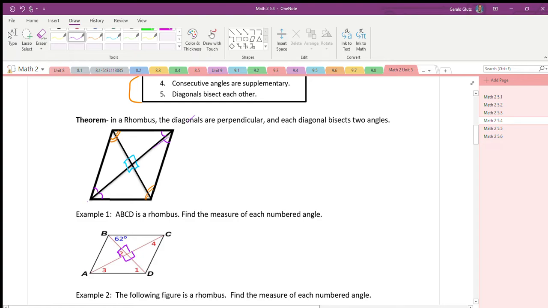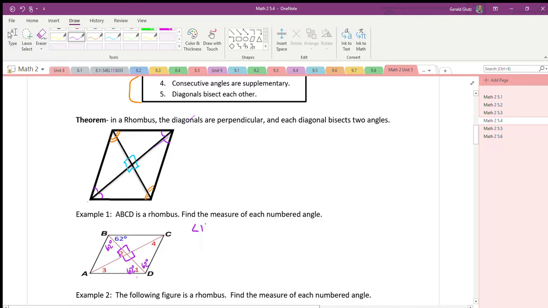We also know that this diagonal bisects this angle. So angle B is getting bisected by this diagonal. That means if this is 62, this has to also be 62. Since a rhombus is a type of parallelogram, opposite angles have to be congruent. So if both of these are 62, then on this side, both of these will have to be 62.